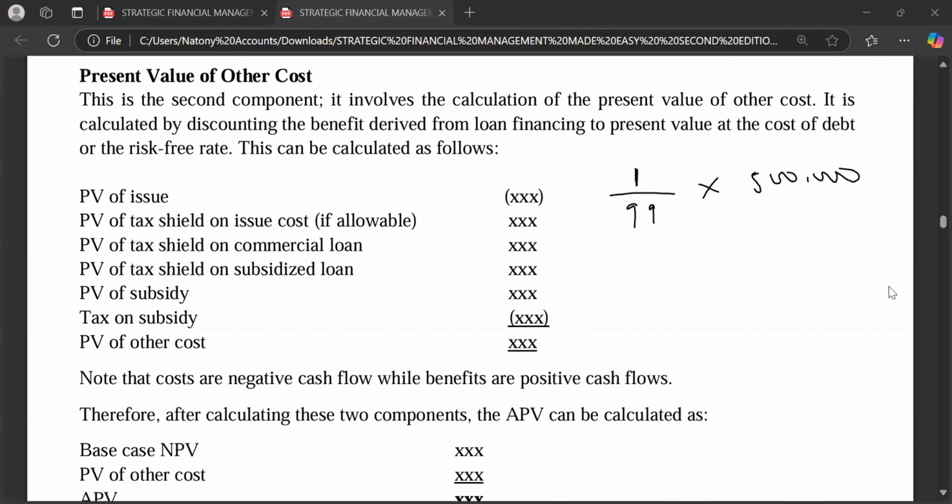But if you need to calculate just the gross finance, let's assume that what I got from 1 over 99 times 500 is X. So I will now say times 1%. That will give me the issue cost.